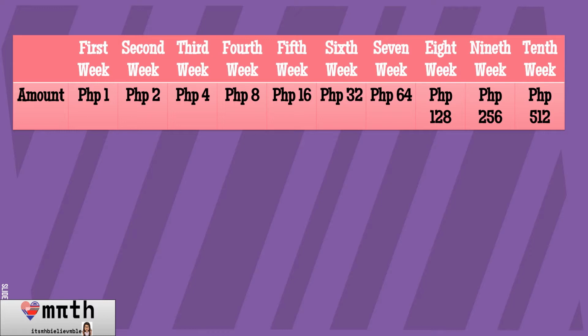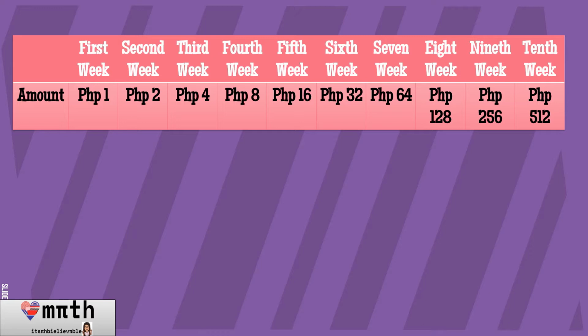Let us do it continuously. 4 times 2 is 8 pesos. 8 pesos times 2 is 16 pesos. 16 times 2 is 32 pesos. 32 times 2 is 64 pesos. 64 times 2 is 128 pesos. 128 pesos times 2 is 256 pesos. And lastly, for the 10th week, we have 256 pesos multiplied by 2, that will be 512 pesos.